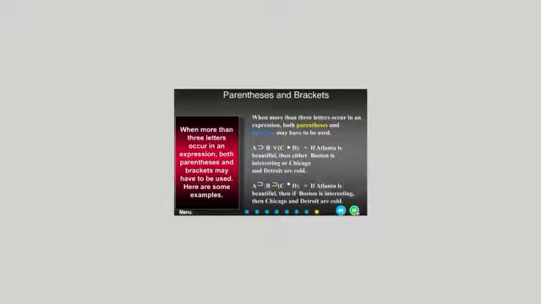So here, if Atlanta is interesting, then either, so we're told that's the main operator for the second part, it's going to hold together Boston is interesting, or both Chicago and Detroit are cold.